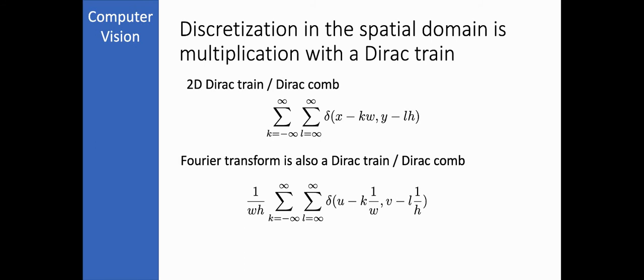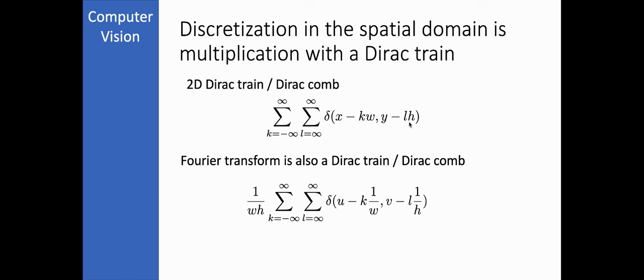Discretization in the spatial domain, or just reading one value out of each pixel center, corresponds to multiplying an image with a Dirac train or a Dirac comb: a set of Dirac functions equally spaced apart at the centers of the pixels, which multiplies the image. Now, this is quite interesting because I know that multiplying in the image space corresponds to convolving in the frequency domain.